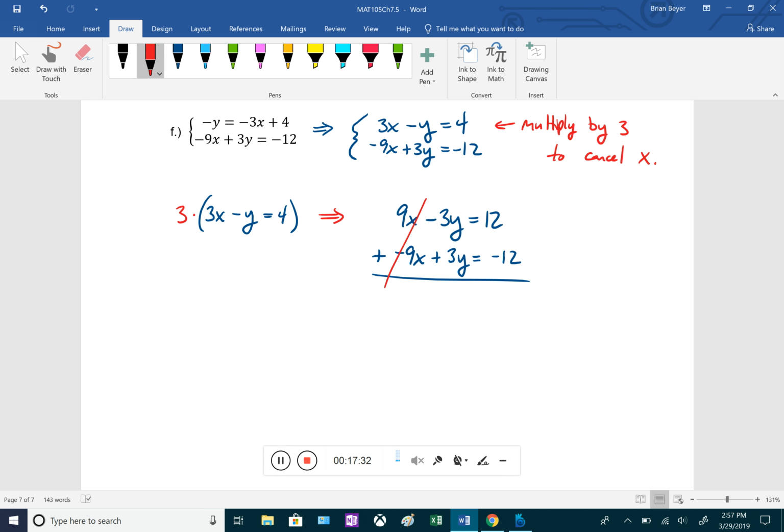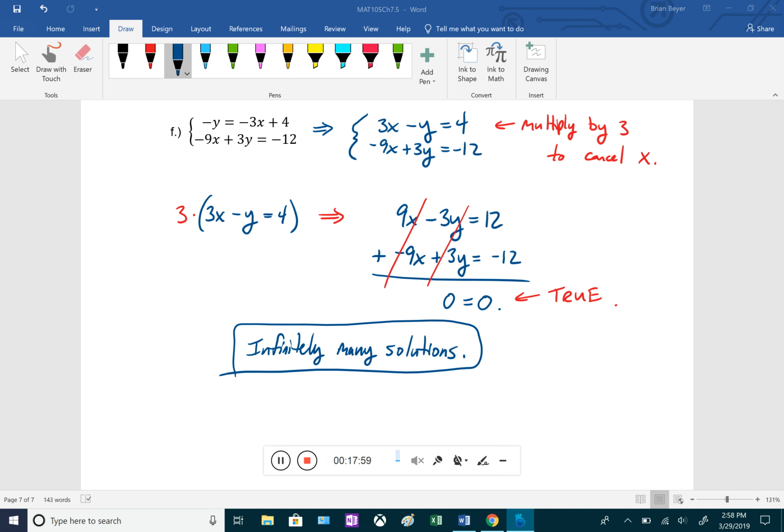The y terms also happen to cancel, negative 3y plus 3y. So that's going to give us 0 on the left. And then on the right, 12 plus negative 12, 12 minus 12 is 0. So this time we get 0 equals 0, which is obviously a true statement. So since the variables canceled and we got a true statement, there are infinitely many solutions.